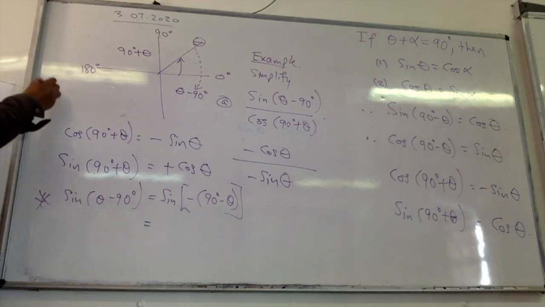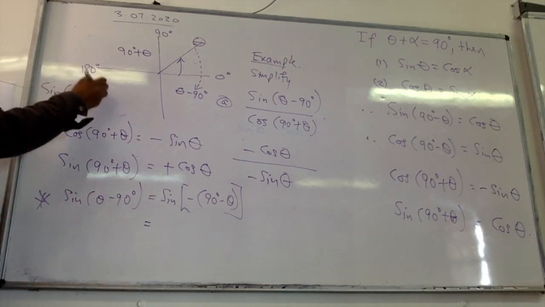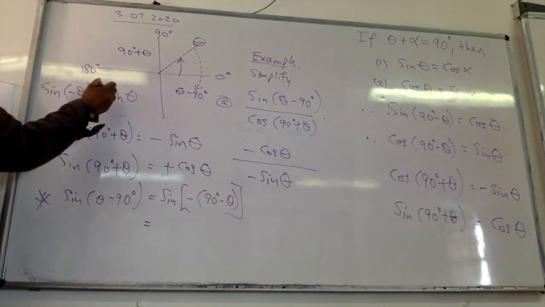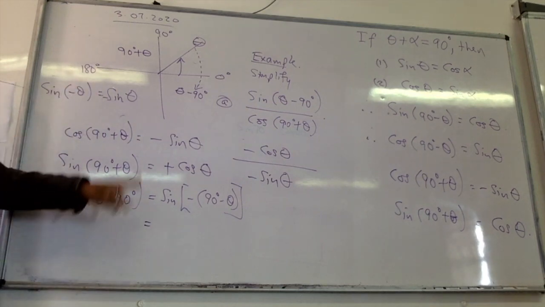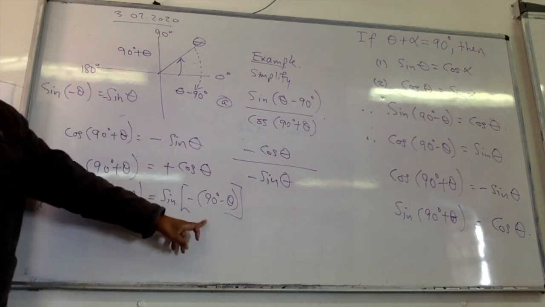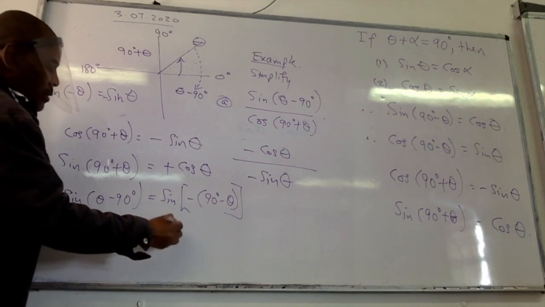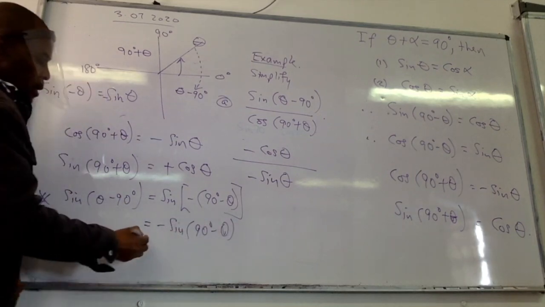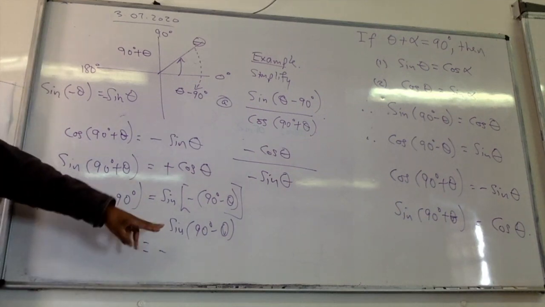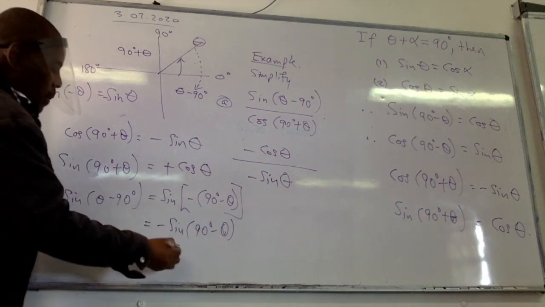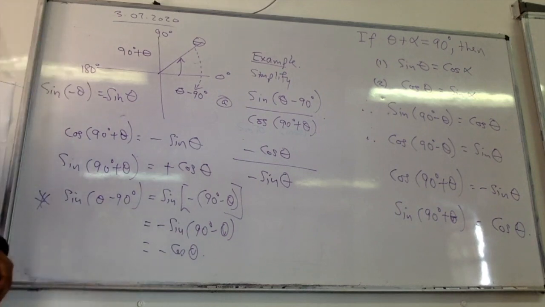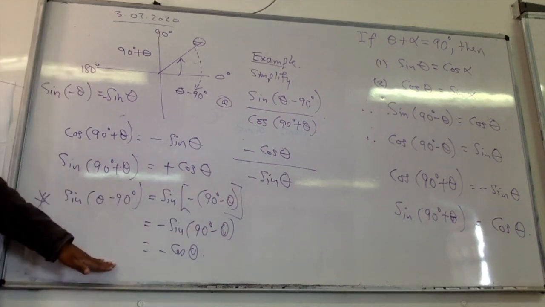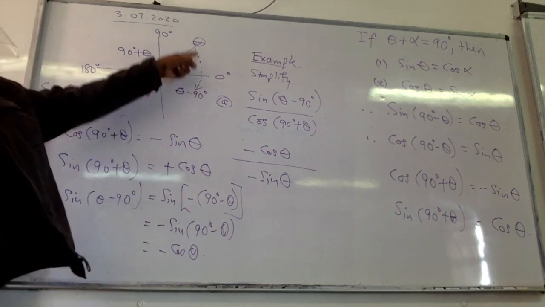From the negative angles, we said sine of negative theta should be equal to minus sine of theta. So we should get minus sine of 90 minus theta. But sine of 90 minus theta will give us cosine of theta. So this is another way of getting it, but why don't you just do that?